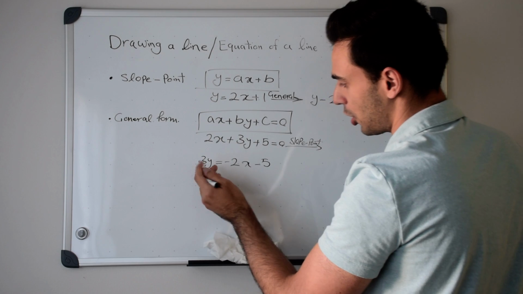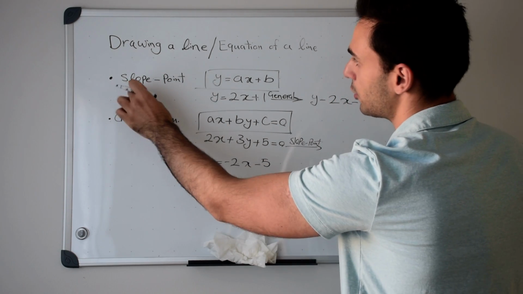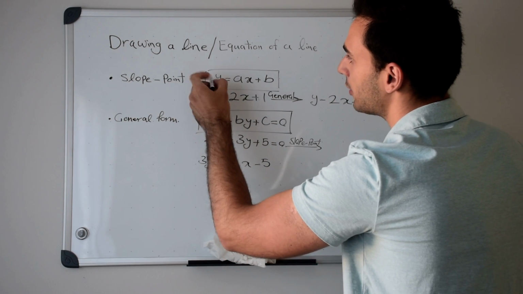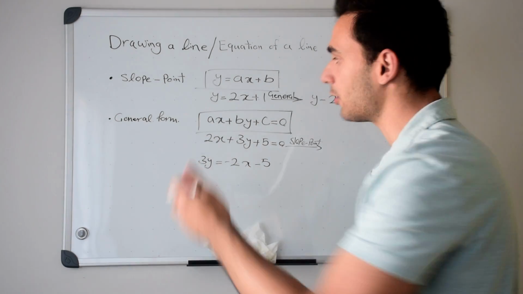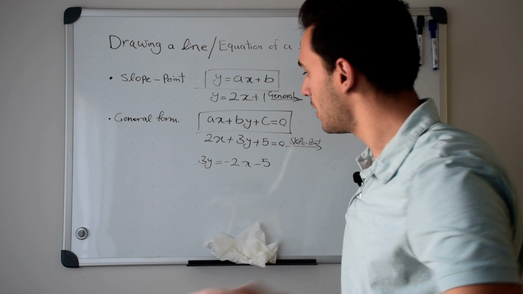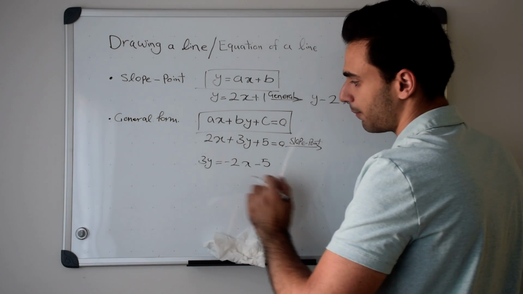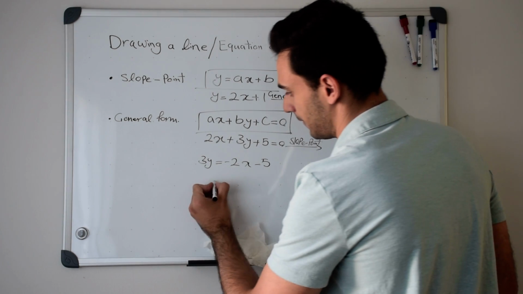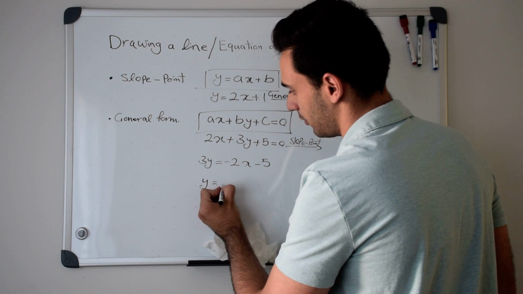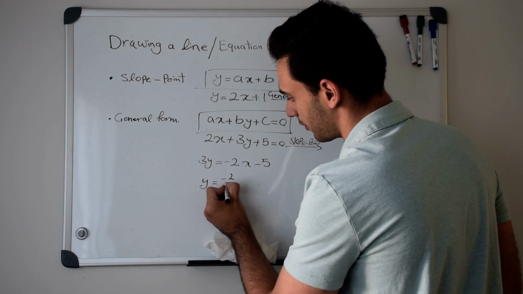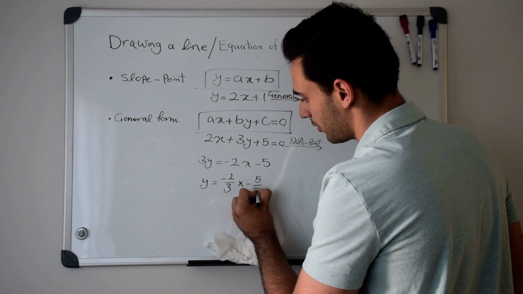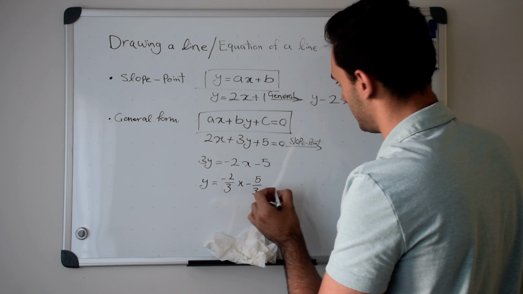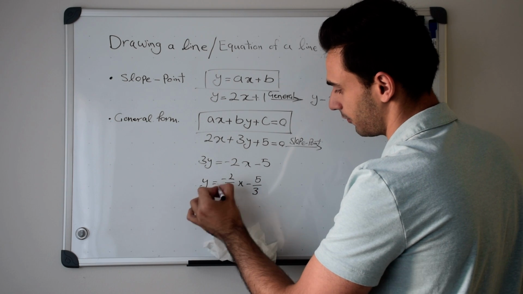Now, in slope point form, y doesn't have any coefficient, or another way to say it, the coefficient of y is only 1. So I'm gonna divide both sides of the equation by 3. So y equal to minus 2 over 3 x minus 5 over 3. And this is called slope point form.